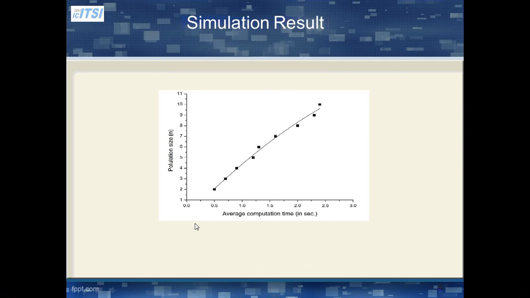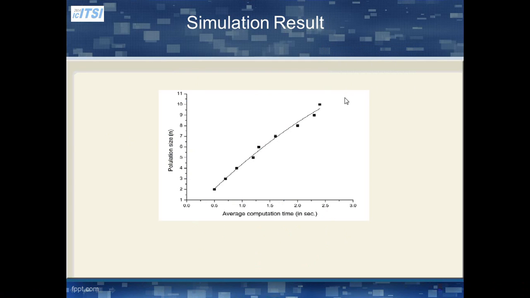Now simulation results. The simulation result for RRT forward and RRT backward propagation can be seen in this diagram, that on increasing the population size n, that is the number of robots used in an environment, the average computation time of the overall system increases linearly.